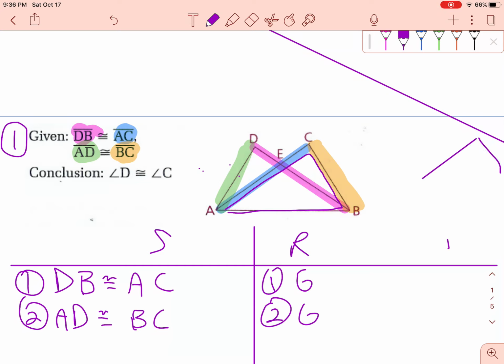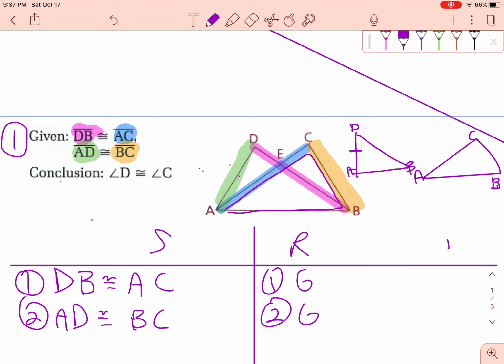I'm going to draw mine a little bit smaller over to the side, and we're going to name that ACB. Then my second triangle is over here, and I'm naming it DAB. Notice nothing is drawn to scale.